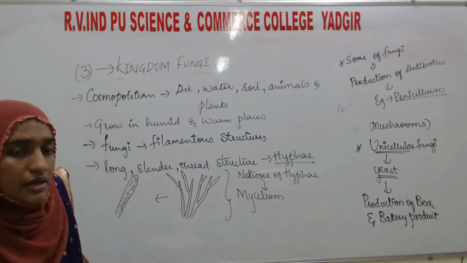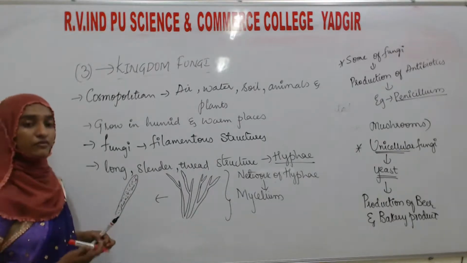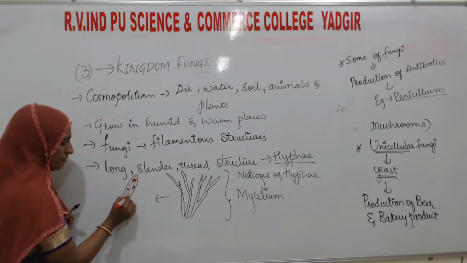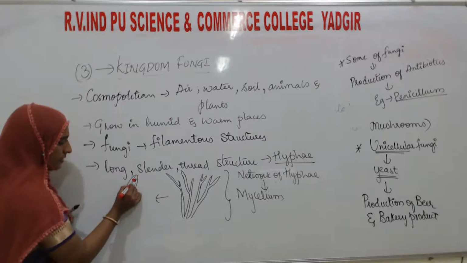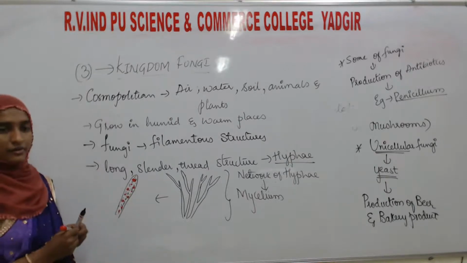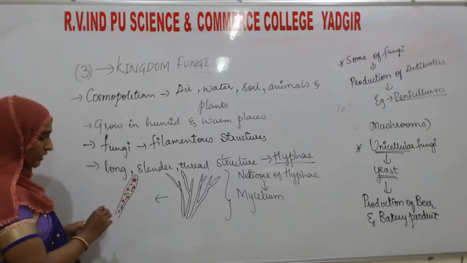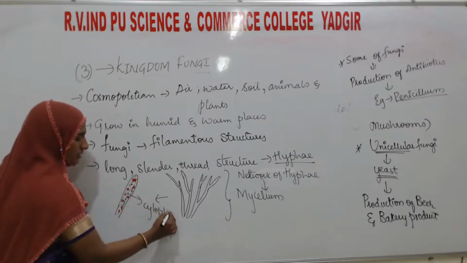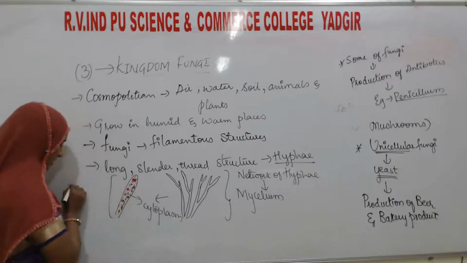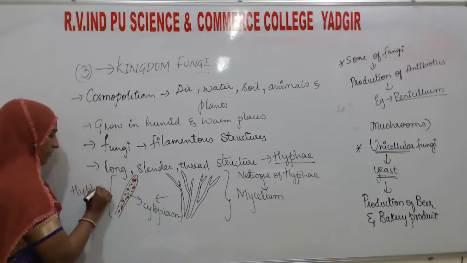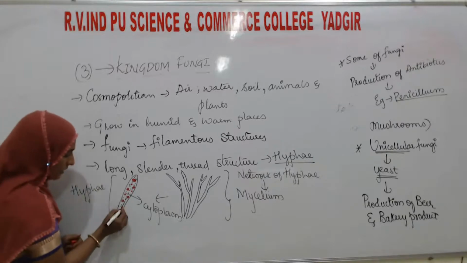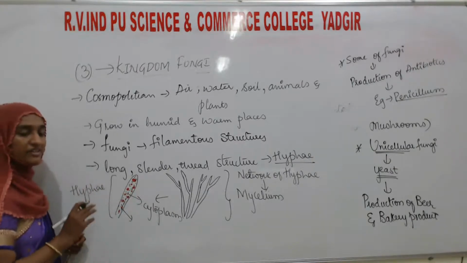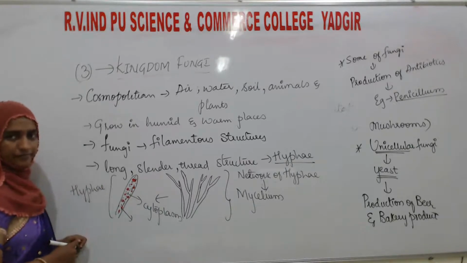Along with that, there will be the presence of many number of nuclei like this. The red color spots in this one, black color is the cytoplasm. Here I am explaining the structure of each hyphae. In that, the red color spots are many number of nuclei, that means multinucleated.